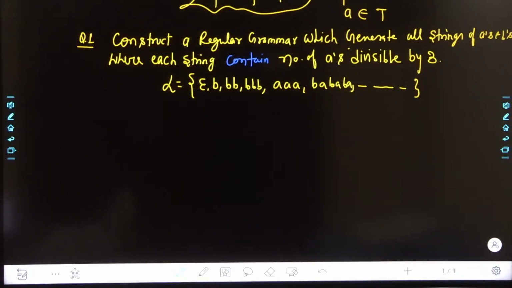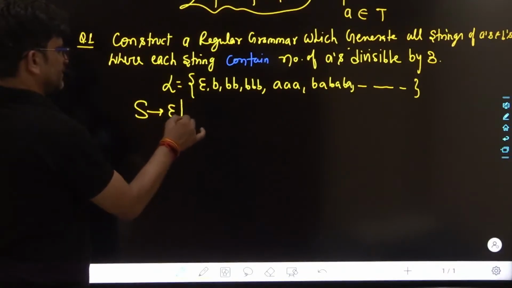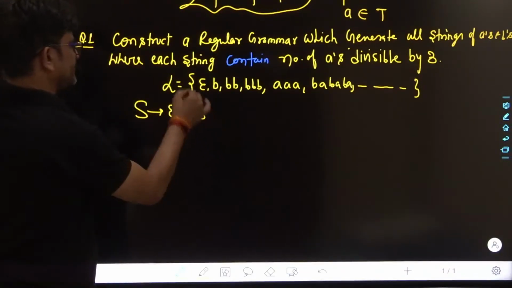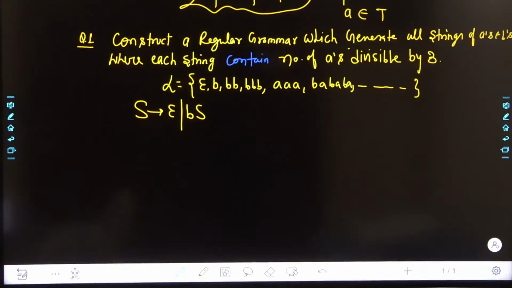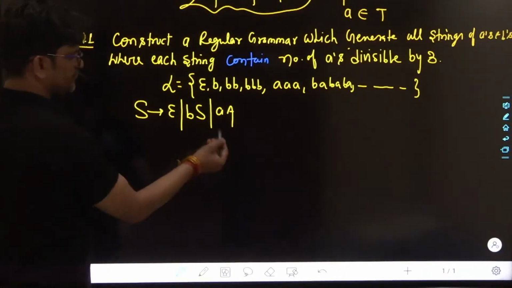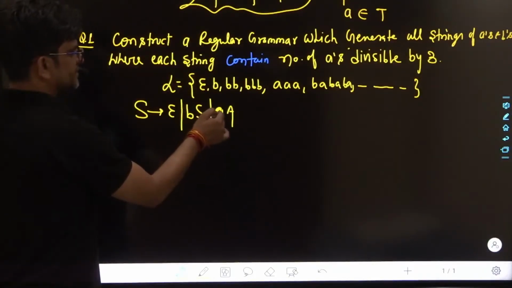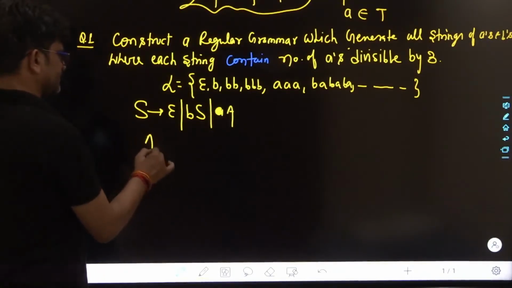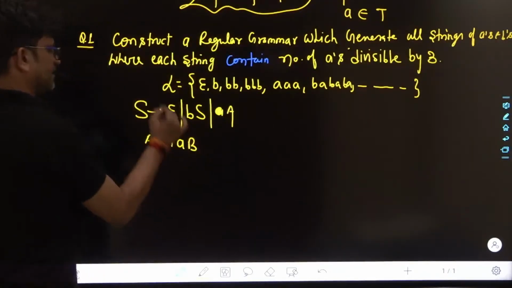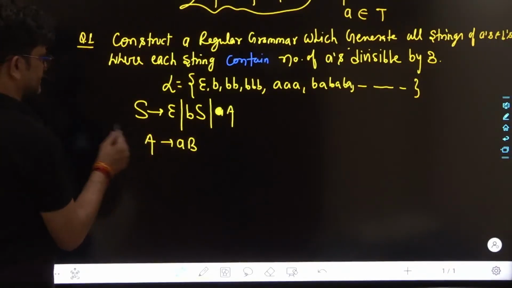So how do we construct the grammar for this? S generates epsilon. S generates any number of B's. Clear? Now come to the A. Because we want to follow the right linear grammar, A generates A, another variable B. So now till here we generate two A's.